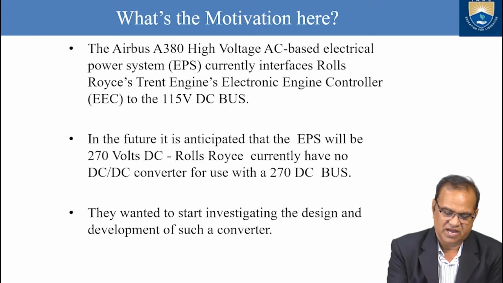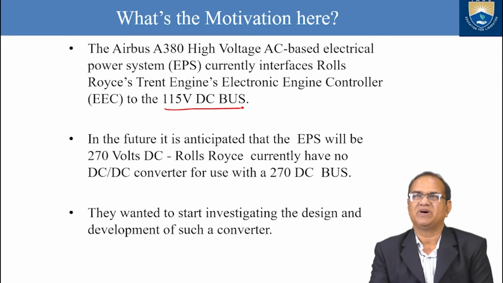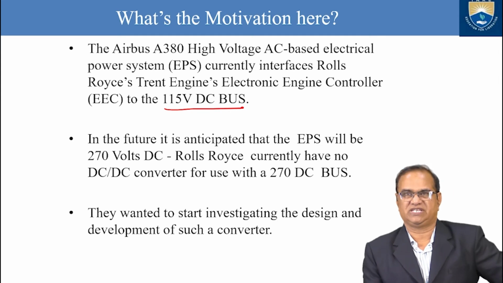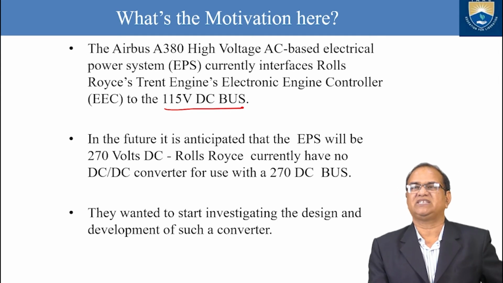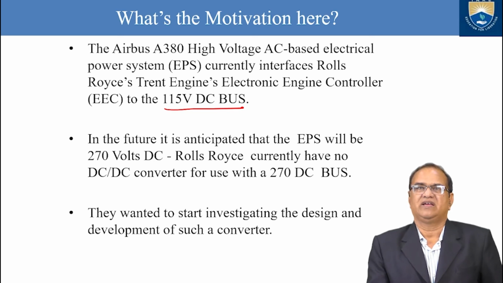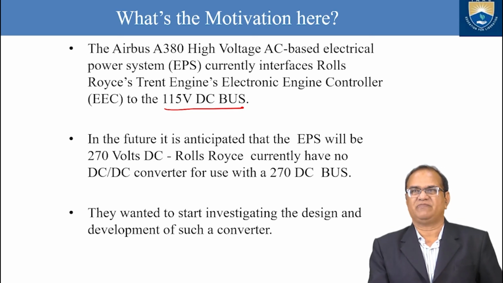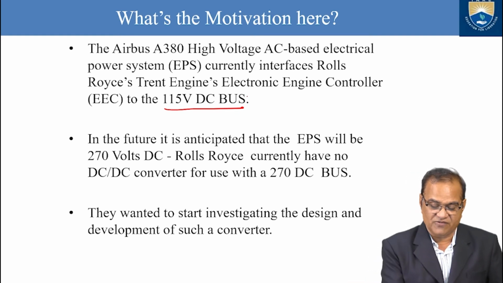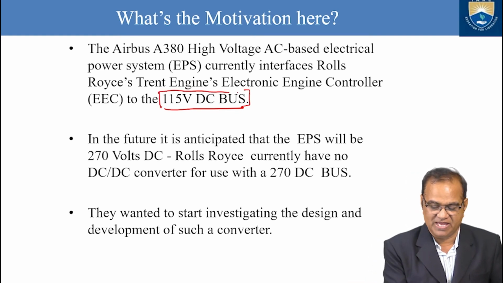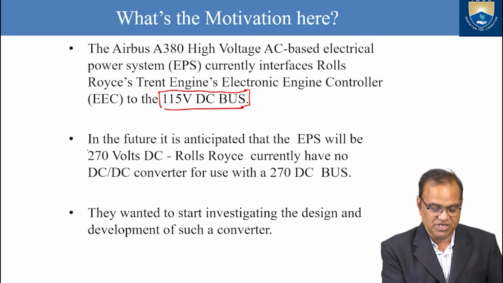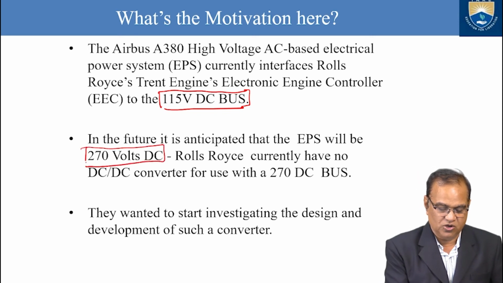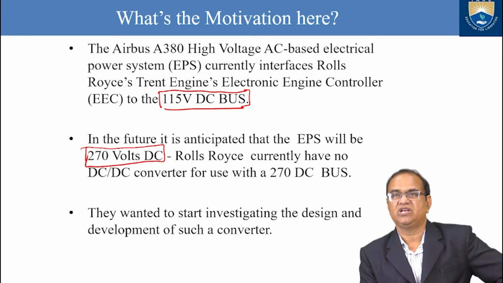In the future, it is anticipated that the electrical power system will be 270 volt DC. So as of now, we have this power supply in Airbus 380. In future, 270 volt DC will be added.